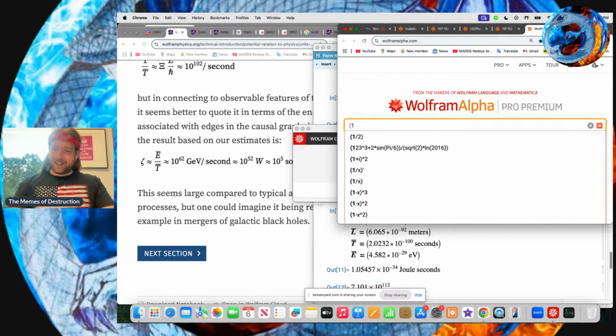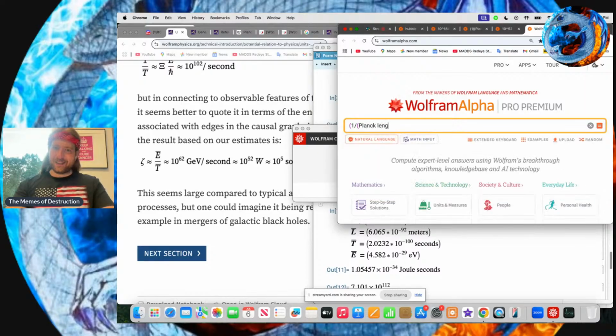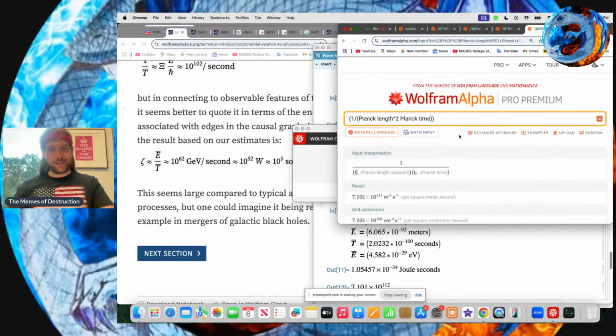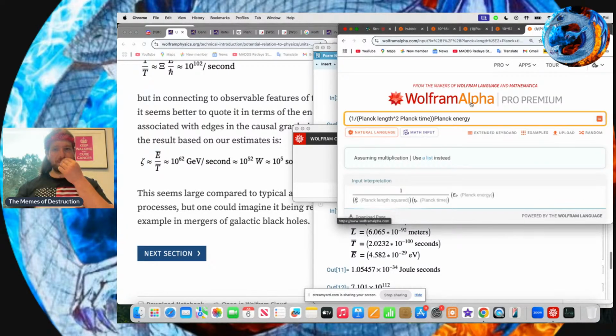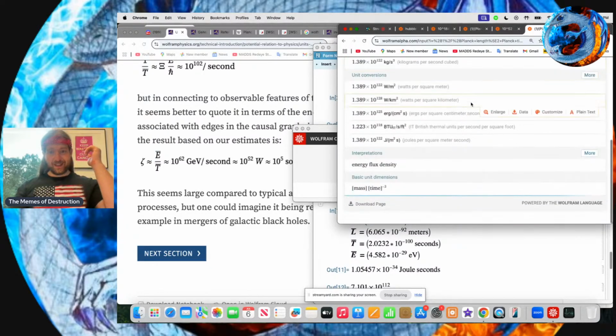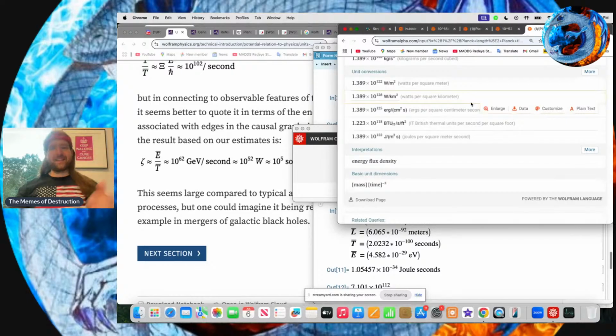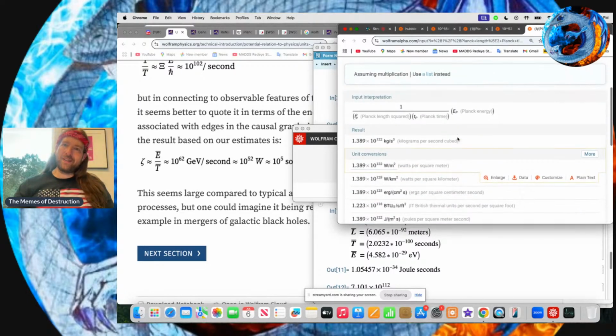Alright, so 1 over Planck length squared Planck time gives us our dimension of flux. If we multiply by the Planck energy, we get the Planck intensity, which is a measure of energy flux density.